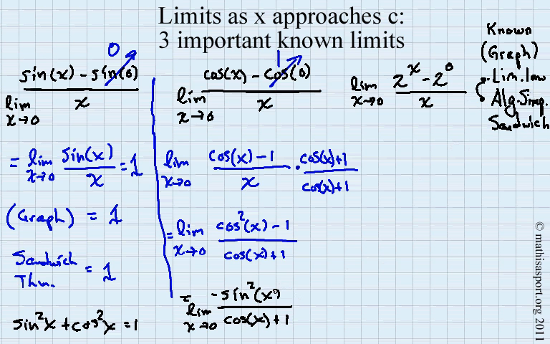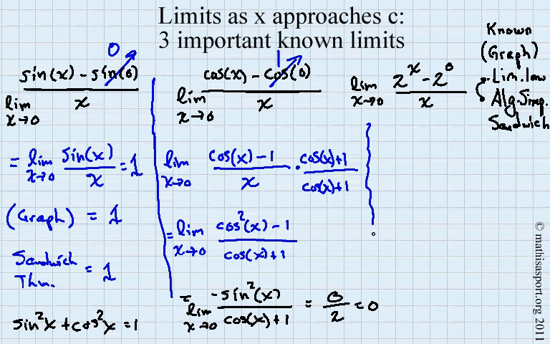What's the sine of x when x is 0? Well, it's just 0. So we get 0 squared, that's 0, all over cosine of x is 1 plus 1, so 0 over 2. So we've proven that the limit of this second expression is 0.